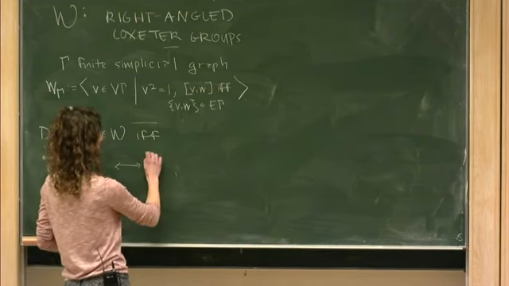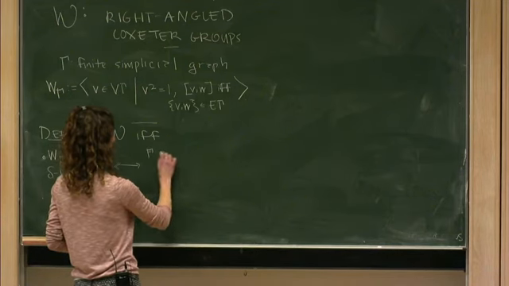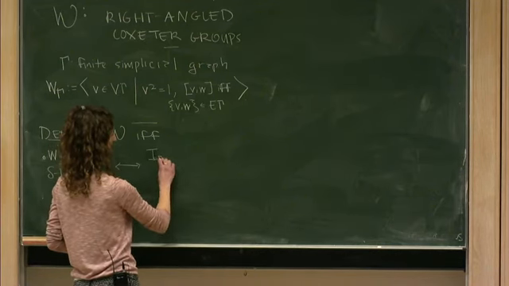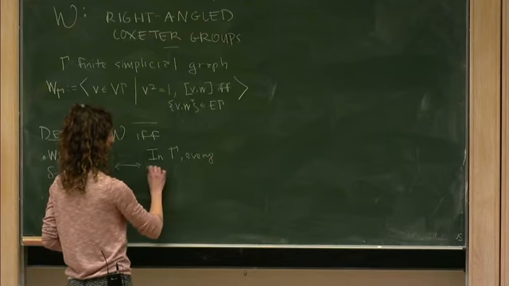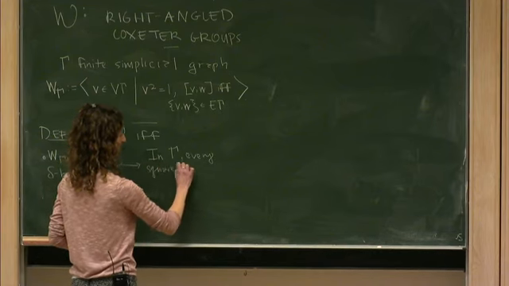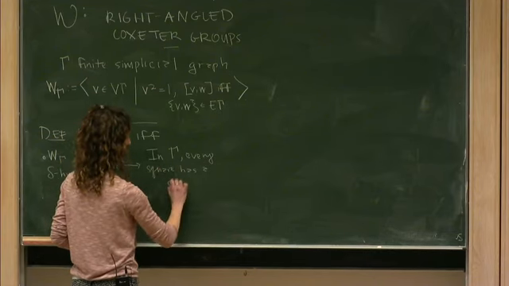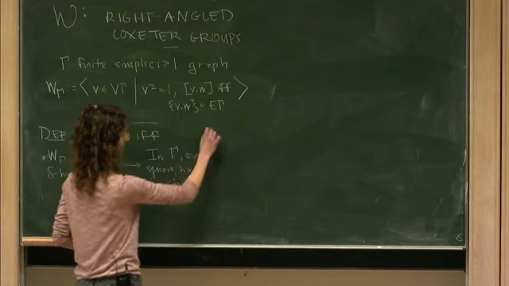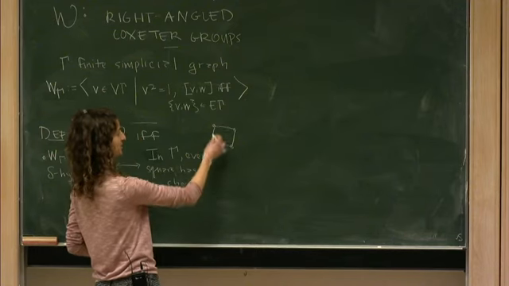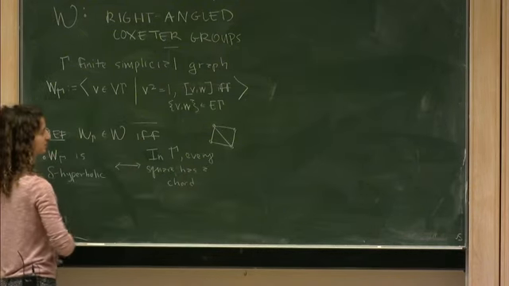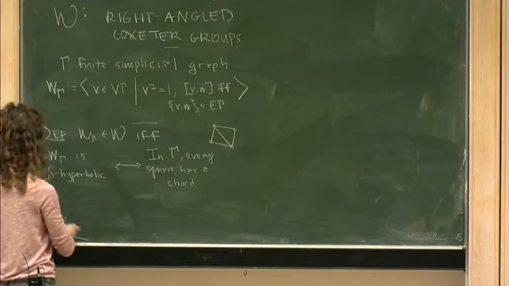Moussong showed this is equivalent to the fact that in gamma, every square has a chord. Meaning if you see a square in the defining graph, as Jason explained yesterday, between some pair of opposite vertices, there must be an edge.